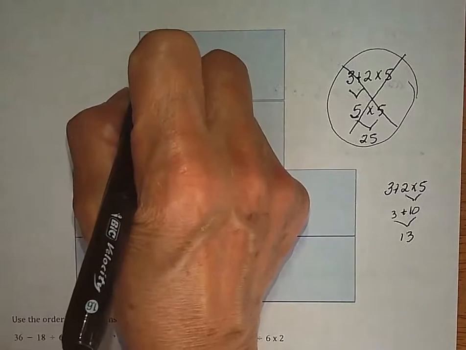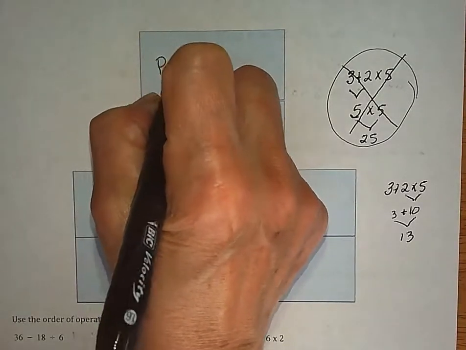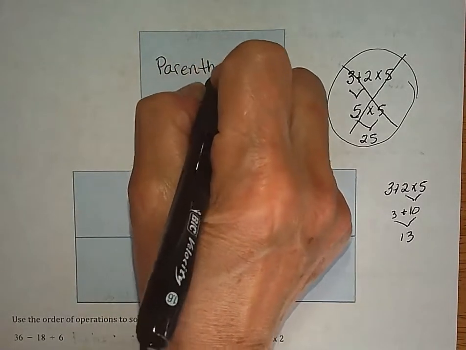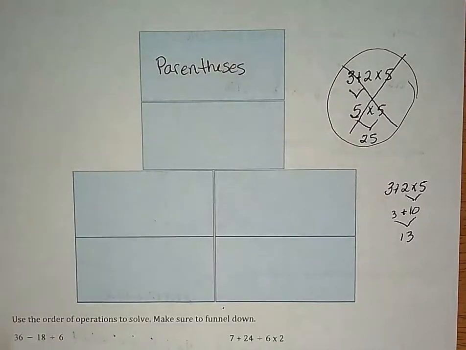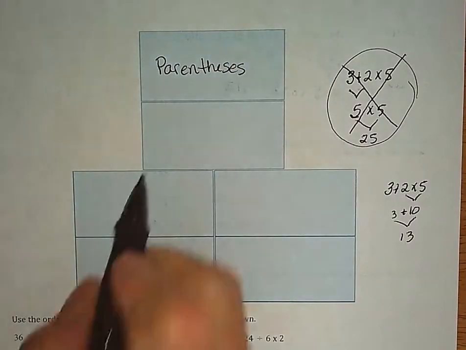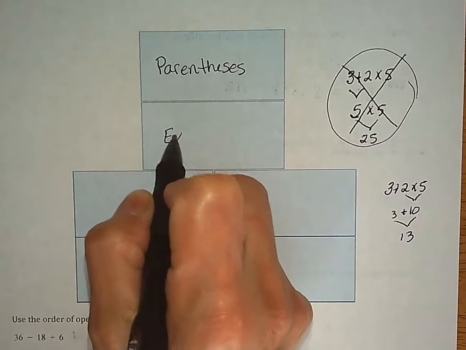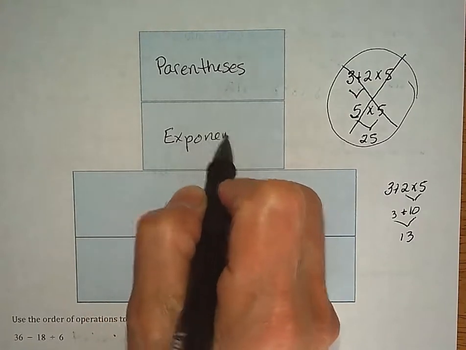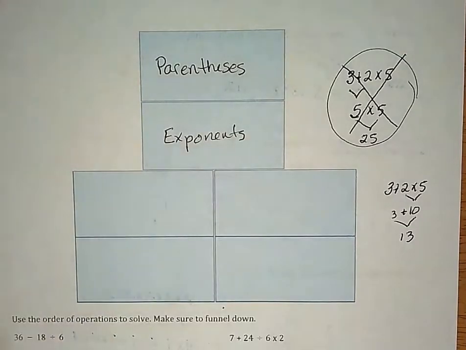First, we're going to do anything that's in parentheses. So parentheses will come first. Then we're going to do any exponents. So you can see why it was important for us to know how to work with our exponents.